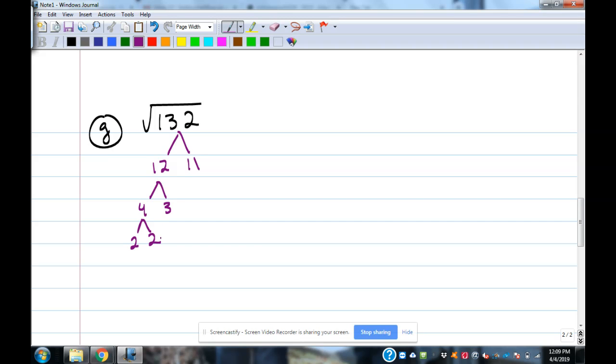And 2 and 2. So here we have a pair of 2's. So what's going on the outside? What's on the inside? 3 and the 11. Both of those. And we're going to multiply them back together on the inside. So that's going to be 2 square root of 33.